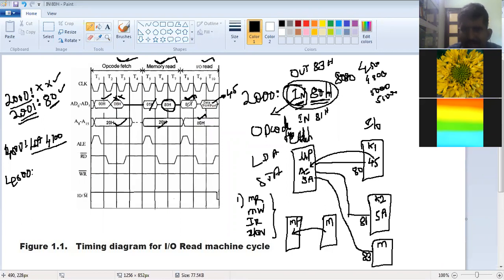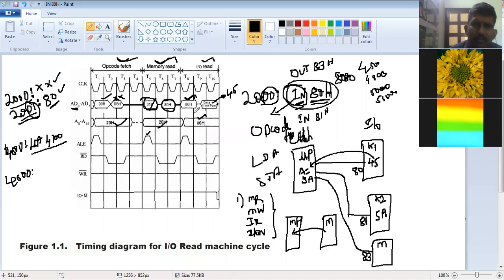This 80 we are mentioning is an address. This is not the data. This 01 is an address, not data, because since this bus carries address and data, it will get confused whether it is address or data. This 00 is what? Address. So I need to mention that it is an address. This 01 is an address, so I need to mention it is an address. That is why ALE is 1.